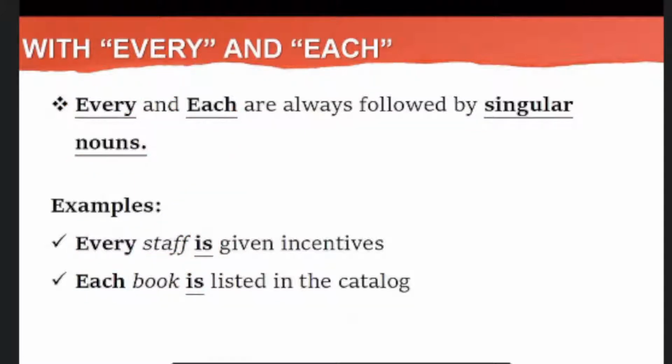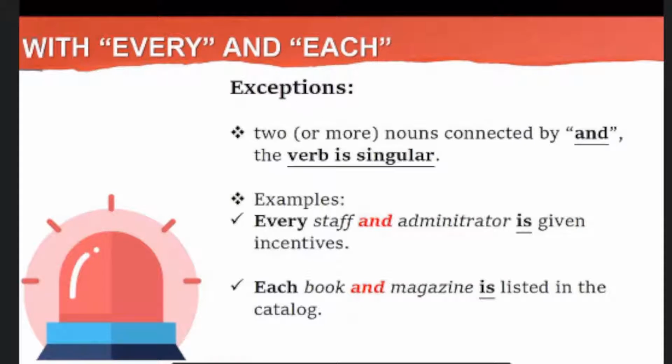Again, there is an exception here, especially for the words every and each. Let's have a look at the exceptions. The first exception would be two or more nouns connected by and, where the verb is singular.